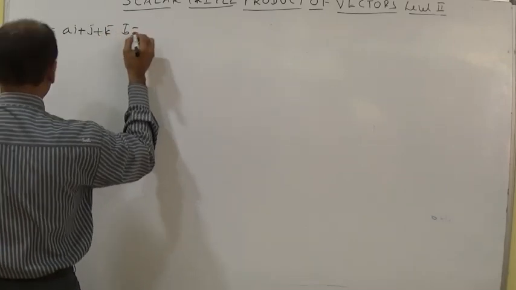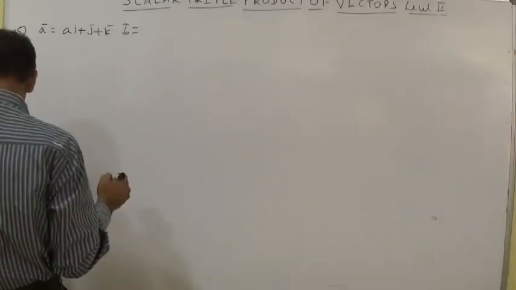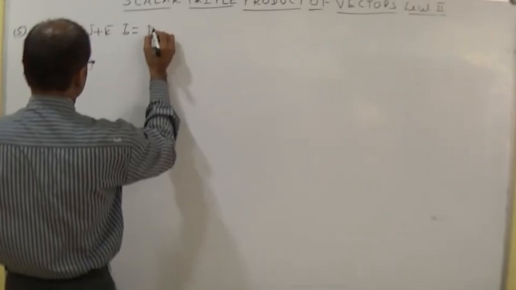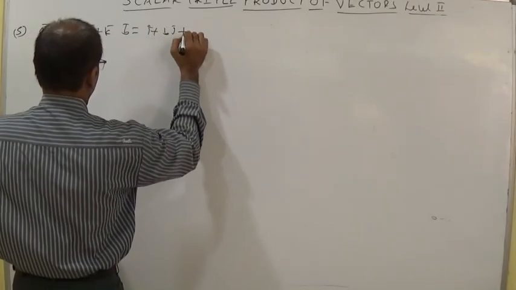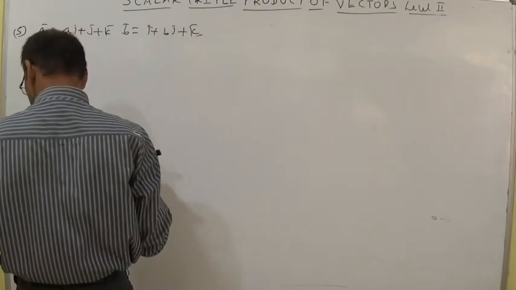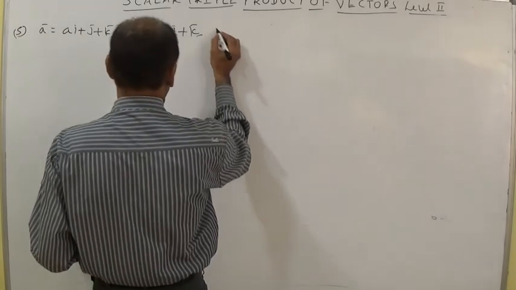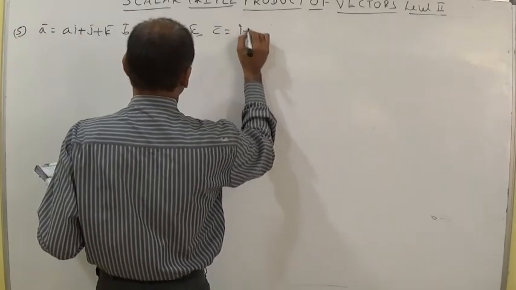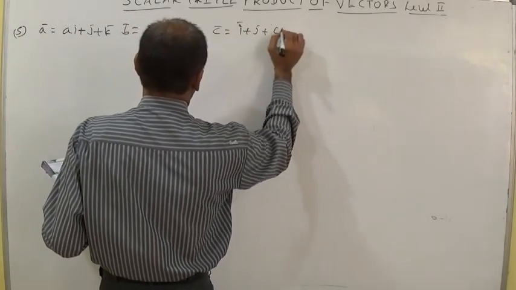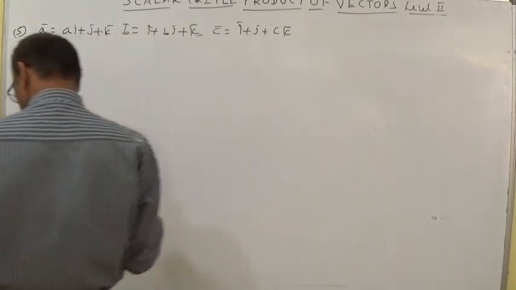Next, let this be b bar. B bar is equal to i plus bj plus k. And c bar is equal to i plus j plus ck. A, B, C are not equal to 1.